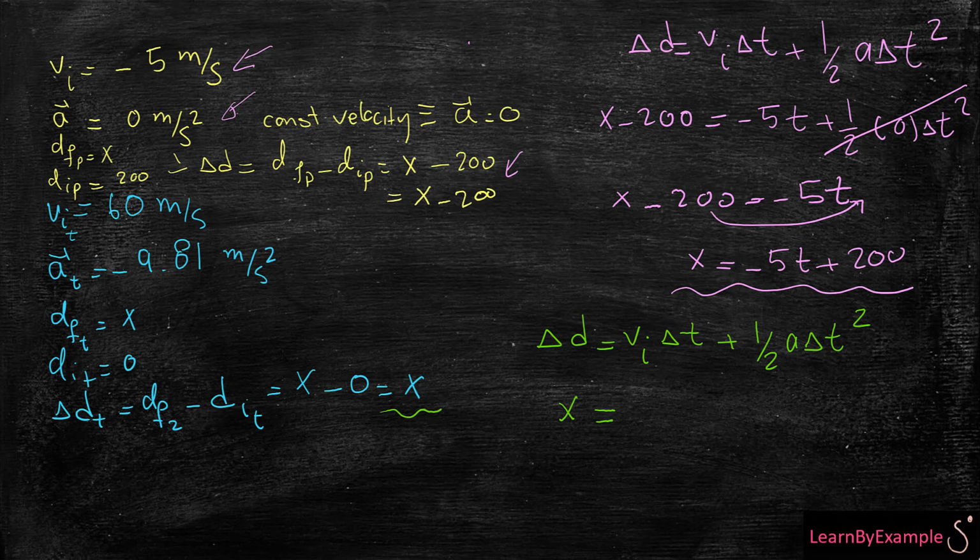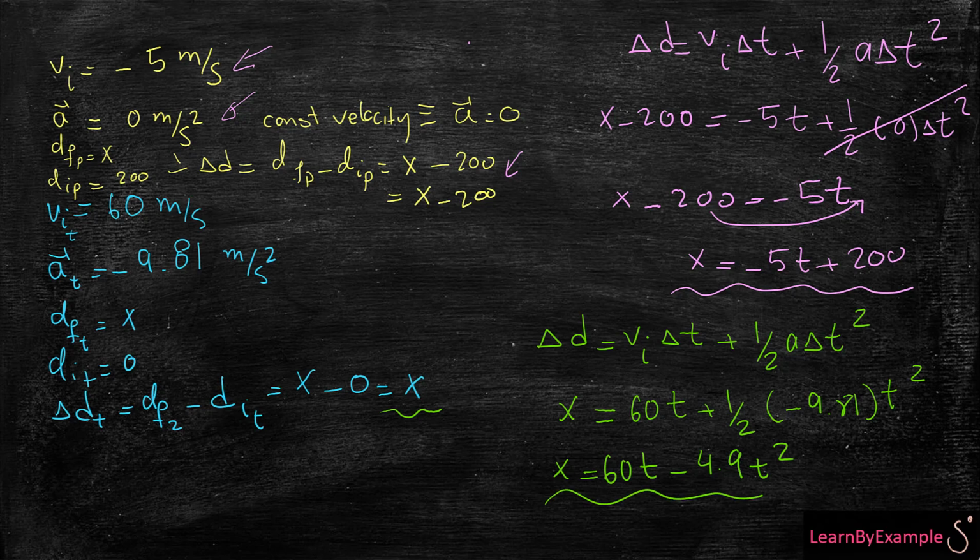Now for my initial velocity, I have a positive 60, t is unknown, plus half of a, which is -9.81, and then I have my t squared. Now, if I were to simplify this a little bit further, I will just have x equals 60t, -9.81 divided by 2 is just -4.9 t squared.